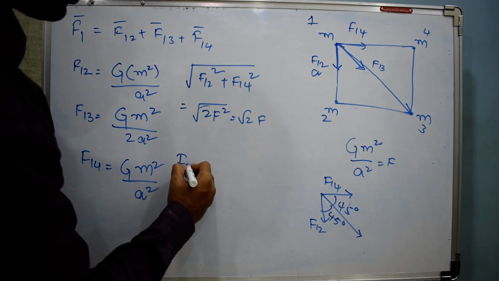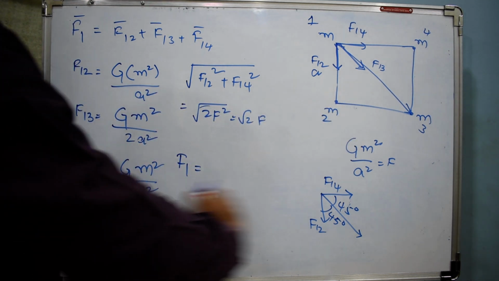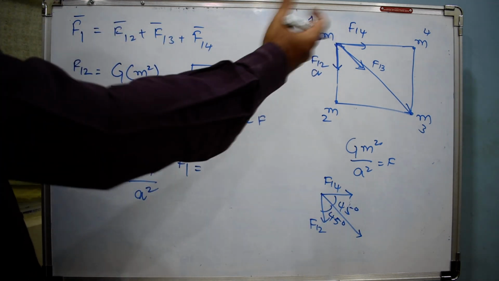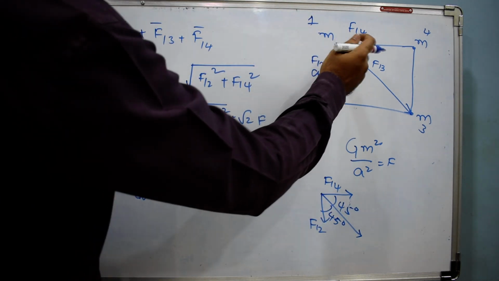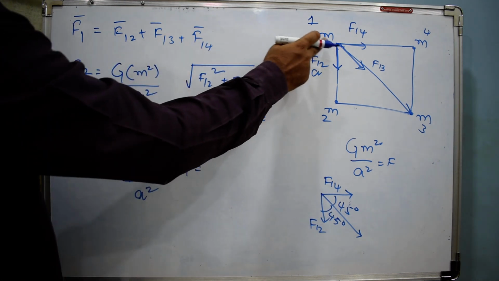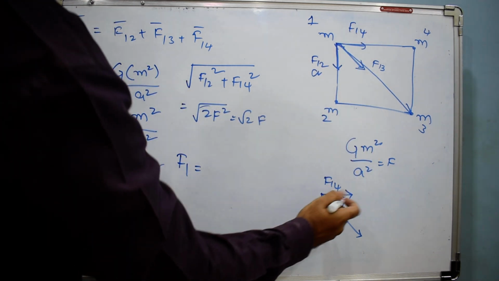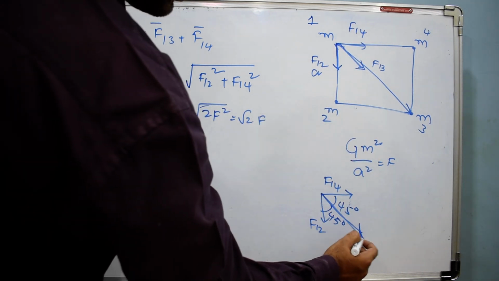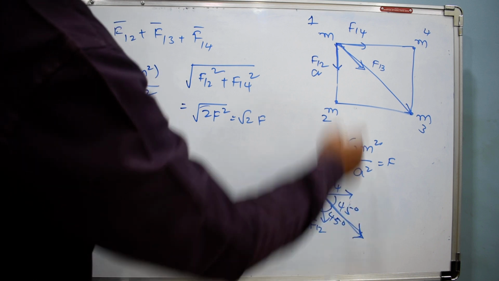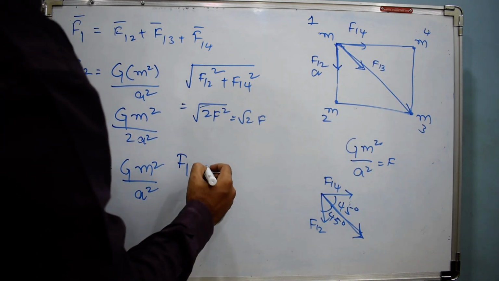I'm just writing the magnitude, not the vector form. You can also do it in vector form, I'll explain it last. The total resultant force acting on the first mass will be the sum of these two, because the resultant of those two is along the diagonal direction, and the third force is also along the diagonal direction. You can add them directly.